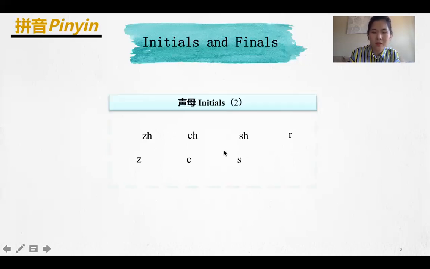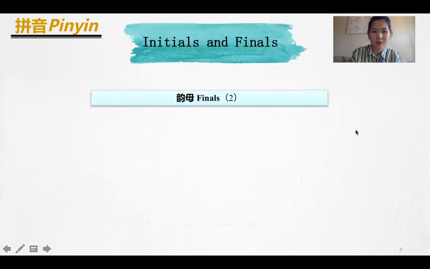So these are the initials we've learned with the flat tongue and the curled tongue. We'll do it one more time. Zh, ch, sh, r, z, c, s.